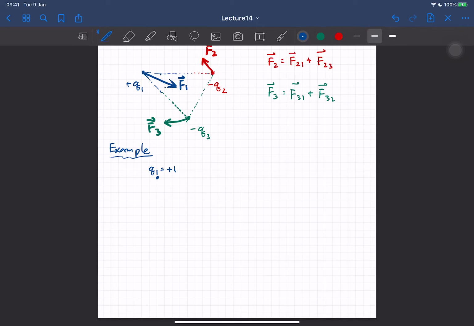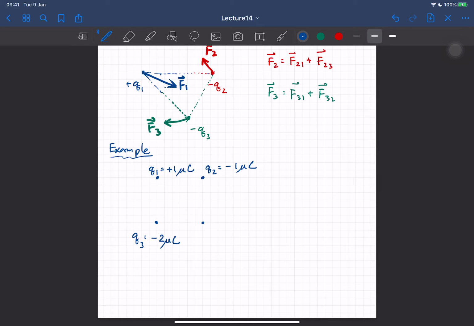So it's plus 1 microcoulomb. And then the second one is here, Q2. Let's say it's minus 1 microcoulomb. And then it's a square, right? So they should be here. I need one more down here. This is Q3. Let's say Q3 is minus 2 microcoulombs.